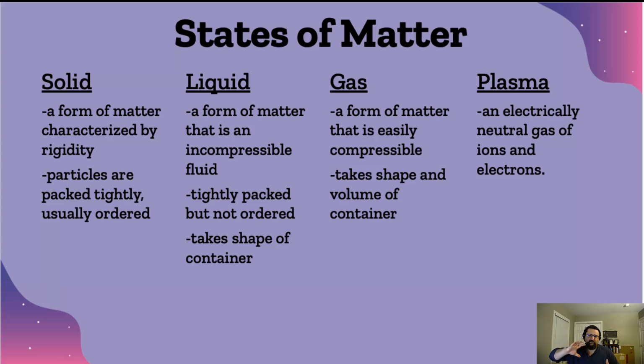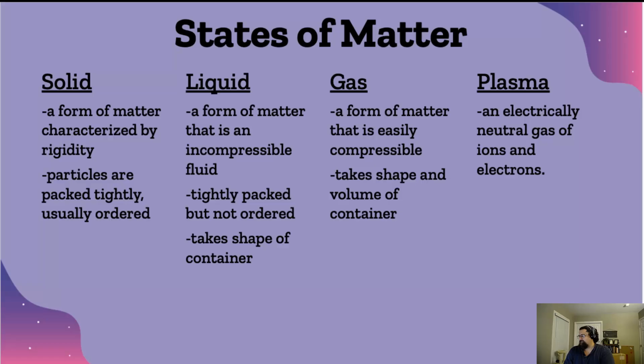All right. If we apply that pressure to them, they're not going to compress, or if we let off pressure, they're not going to expand. Whereas with a gas, it would also be a fluid, but it is in fact compressible. We can compress it to fit into a container of our choice.